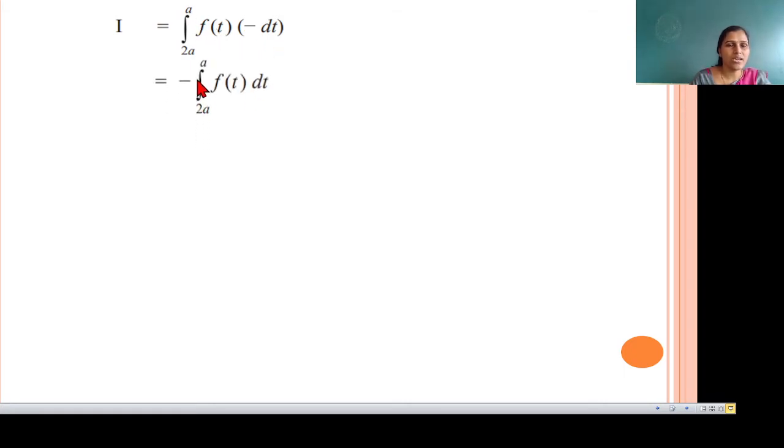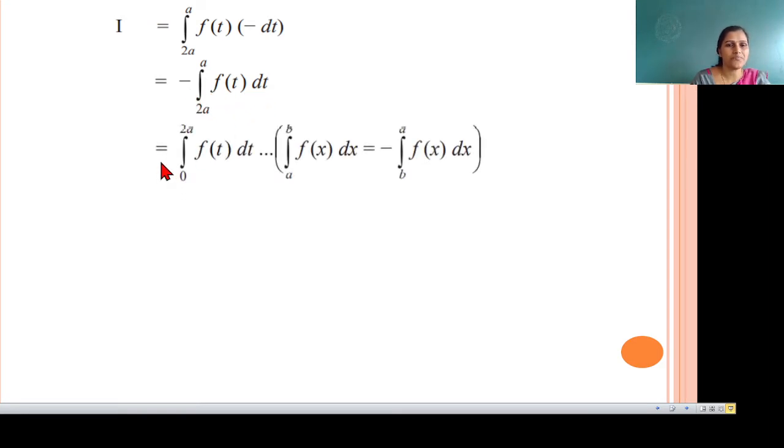In the next step, we keep this minus sign outside the integration. Then our integral becomes minus integral 2a to a f of t dt. By using the previous property, integral a to b f of x dx is the same as minus integral b to a f of x dx, we have taken these steps.